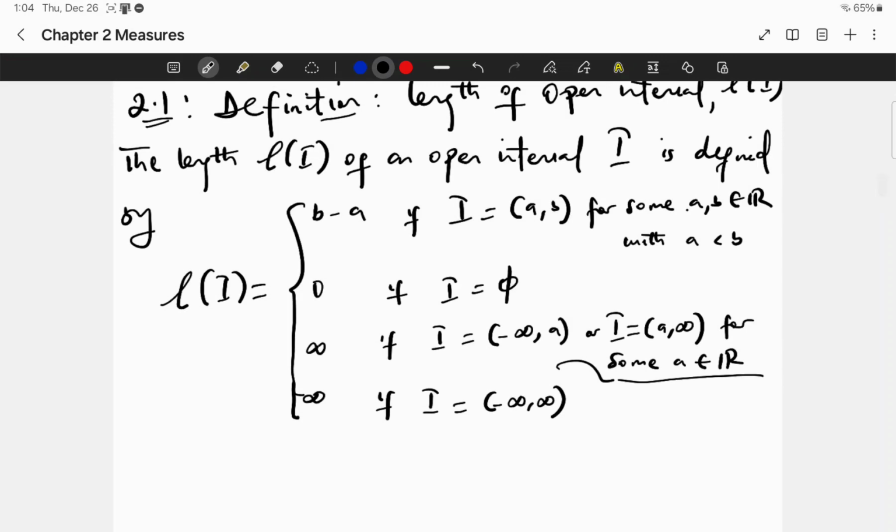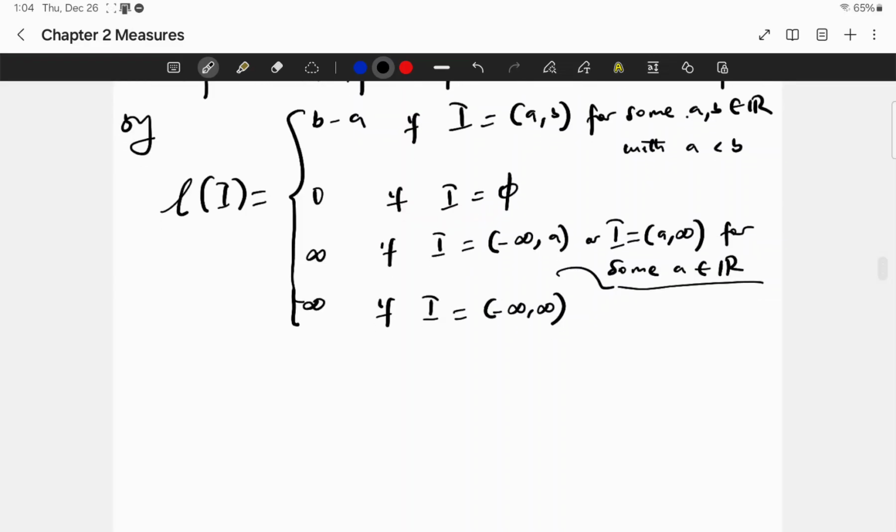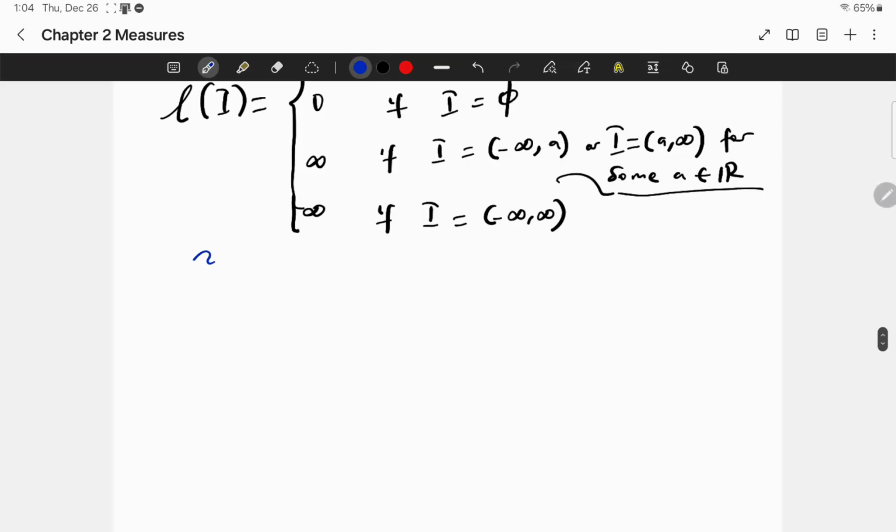Suppose A is a subset of R. Then we can now define what an outer measure is. That leads us to Definition 2.2, outer measure.